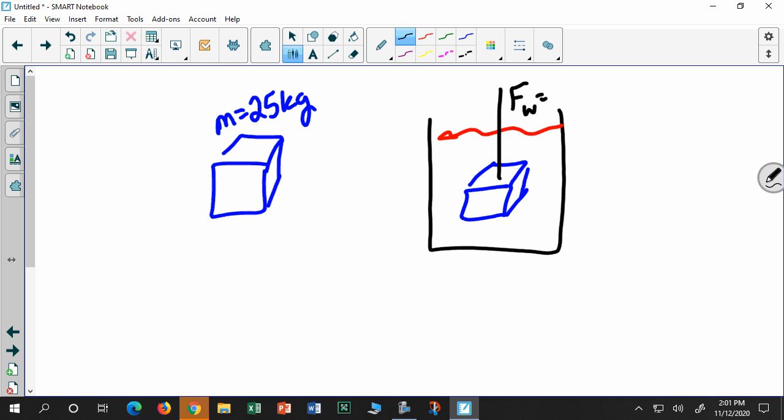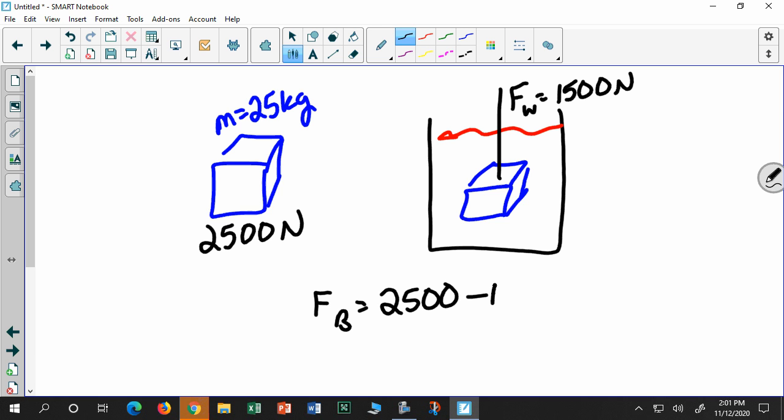Let's say I measure the weight to be 1,500 newtons. Really I know its weight is 2,500 newtons, but I measure 1,500 newtons. That means I have a buoyant force acting on this block that is 2,500, its actual weight, minus 1,500, or 1,000 newtons.